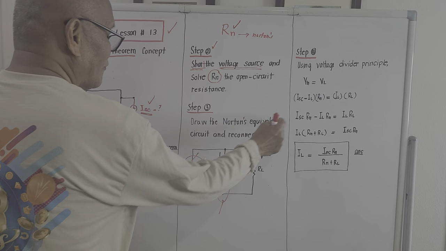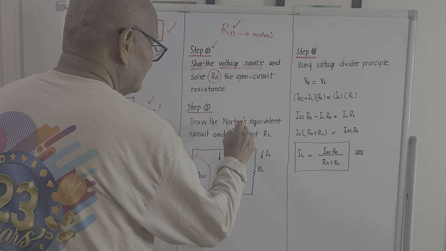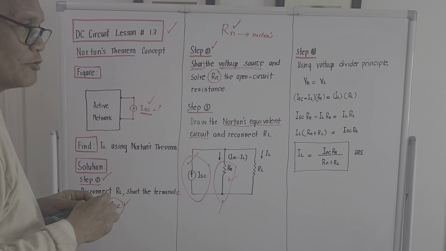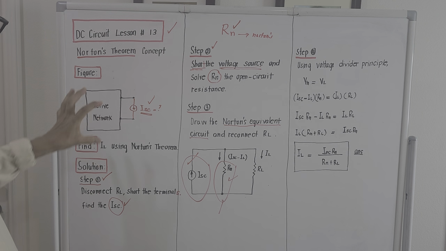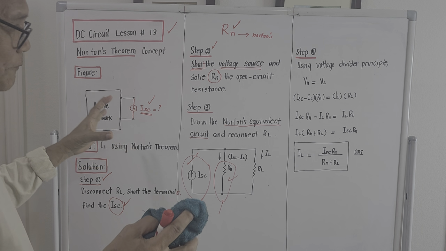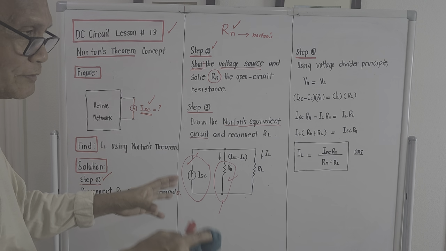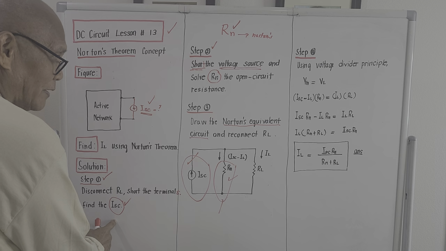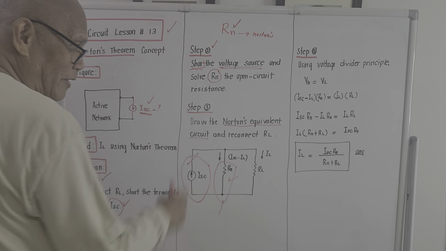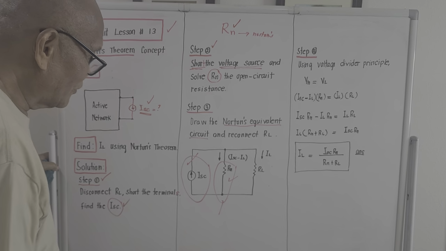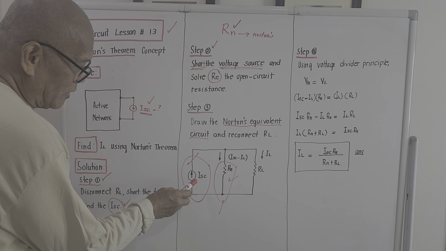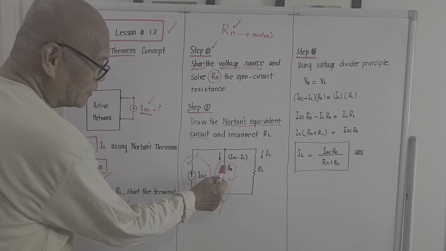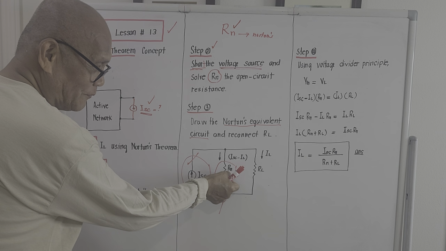Draw the Norton's equivalent circuit. The active network, we will be replacing it by its equivalent under Norton's from our computation of I short circuit and open circuit resistance R sub N. And again, under Norton's, this short circuit source will be in parallel with the open circuit resistance.